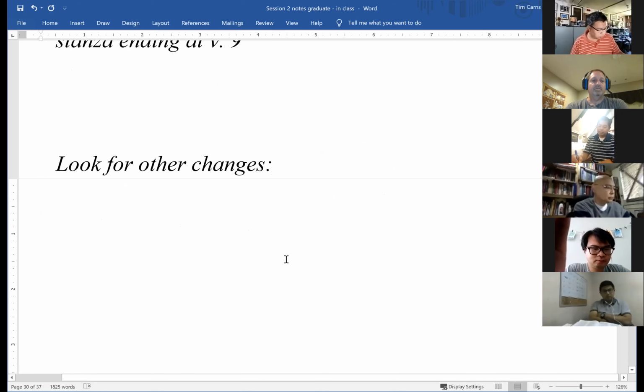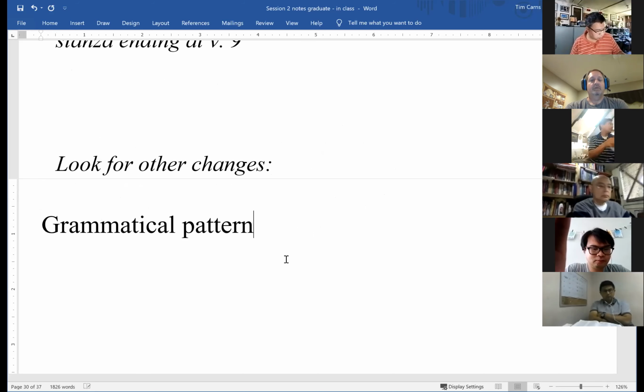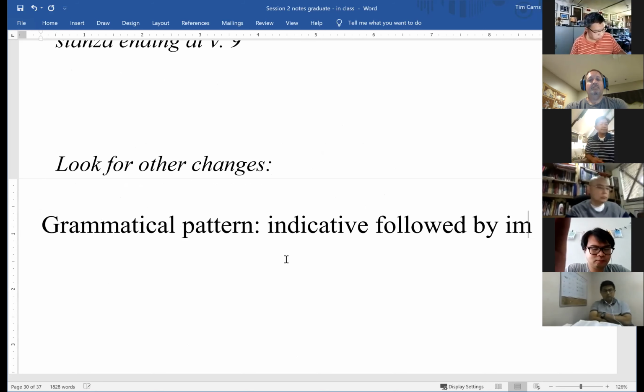So here, the other changes are, 1, we have a grammatical pattern. Indicative followed by imperative.